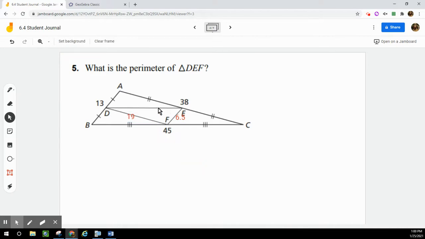And half of 45 would be 22.5. It would be this one right here. So now to find the perimeter of the mid-segment triangle, we need to do 19 plus 22.5 plus 6.5. Which is 48.